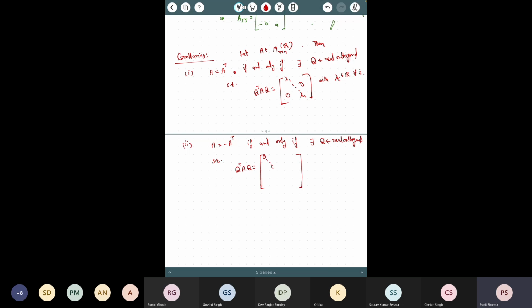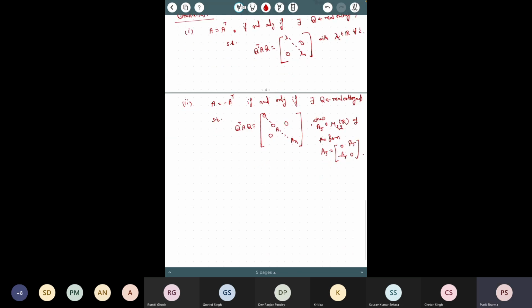It will have either 0 1 cross 1 blocks or these blocks A1 to AK, where each Aj is of size 2 cross 2 over R of the following form. That means Aj is of the form [0 beta j; minus beta j 0]. So this is also fine.